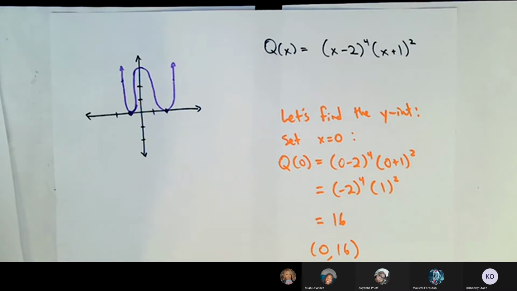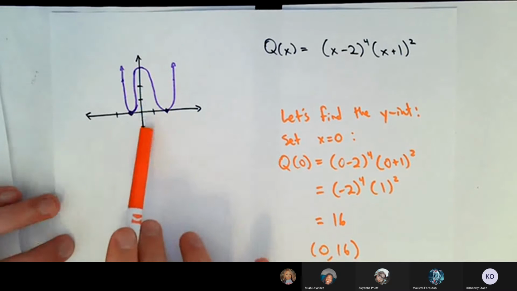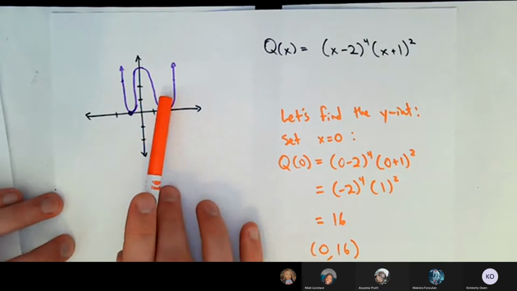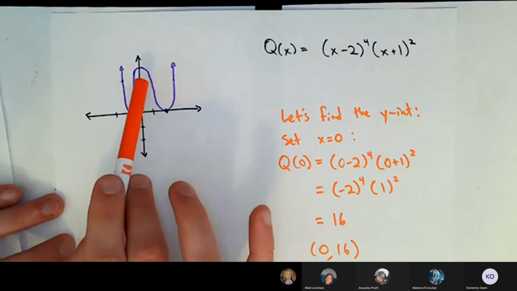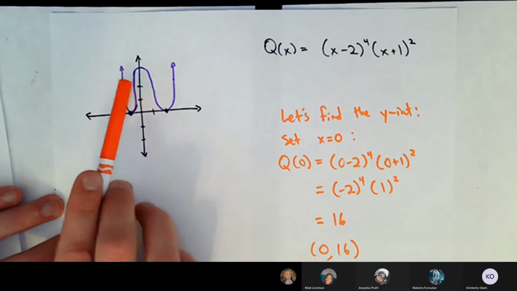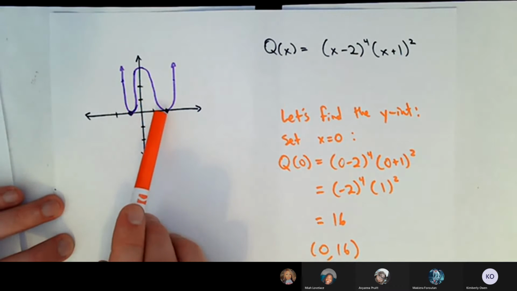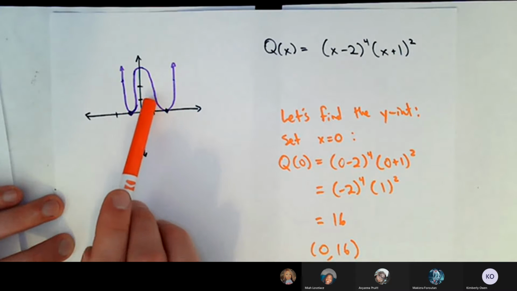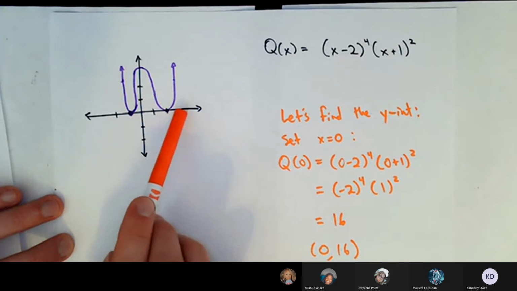What that does to the graph is it means it's going to hang around this x-intercept for longer. So when I graph it, we should expect this one, the (-1, 0), to bounce off pretty much as I've drawn it, but on this side I expect it to be a bit more flat.